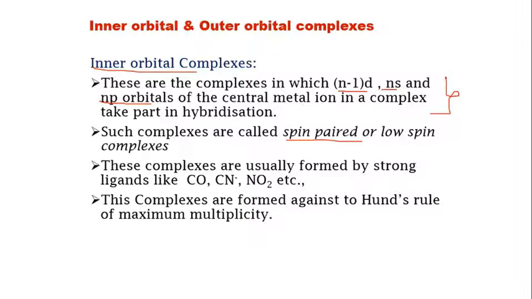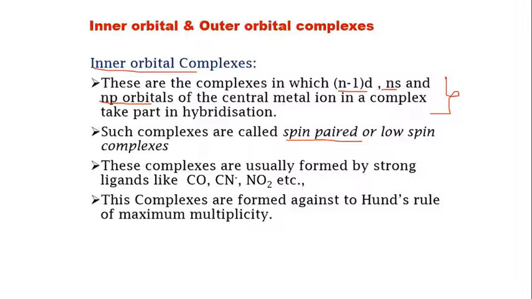So the spins in these complexes will be paired. Whenever there is spin pairing, these complexes are also known as low spin complexes. These complexes are usually formed by the strong field ligands like CO, CN minus, NO2 minus, etc. These complexes are formed against Hund's rule of maximum multiplicity.